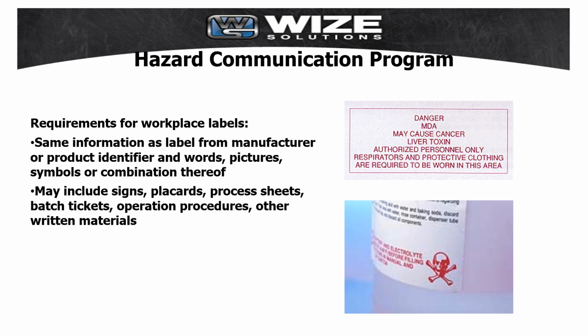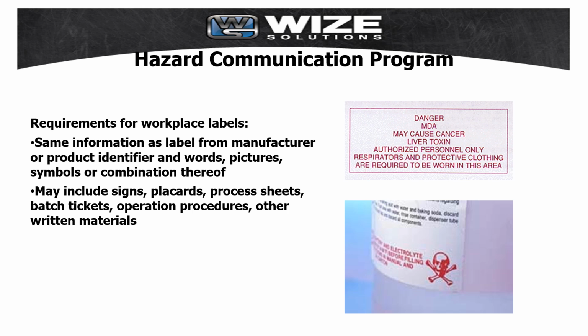For the workplace label, the container must be labeled, tagged, or marked with either the product identifier, signal word, pictograms, hazard statements, and precautionary statements of the hazardous chemical, or product identifier and words, pictures, symbols, or a combination of these that provide at least general information about the hazards of the chemicals and which, in conjunction with the other information immediately available, provides employees with the specific information about the physical and health hazards of the hazardous chemical.